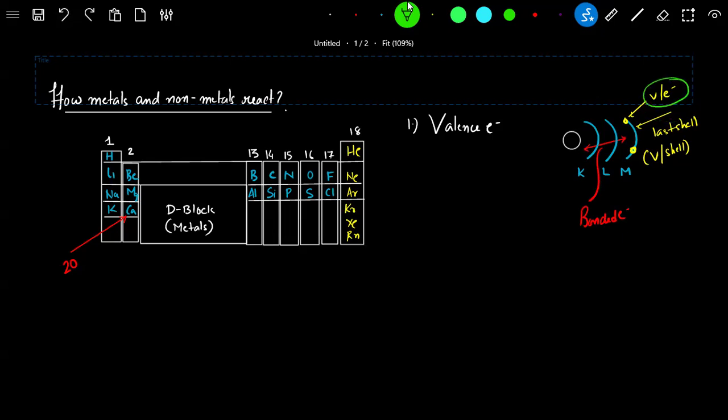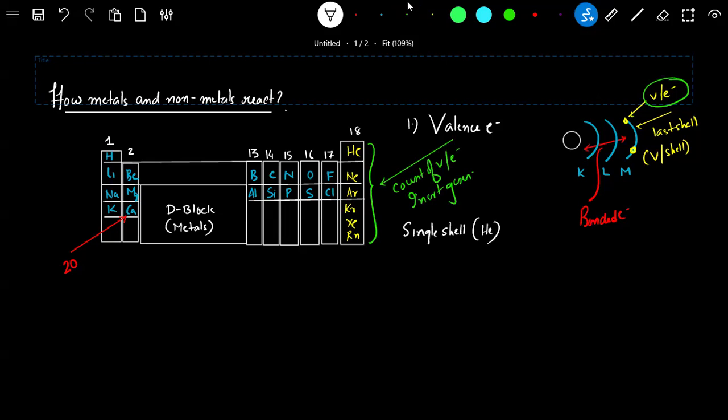Now when we talk about valence electrons, I'll be going a little bit fast because we have already studied all this in grade 9. We are interested in the electronic configuration, or the count of valence electrons, for these inert gases. And here the rule is very simple. If you have a single shell, in that case helium is the only one.